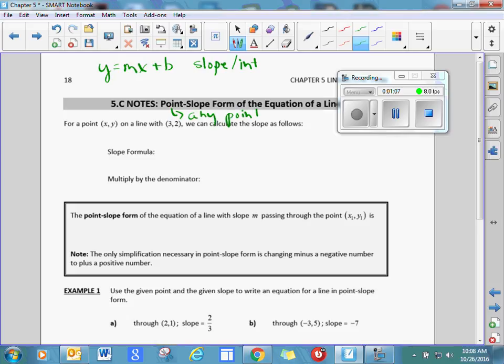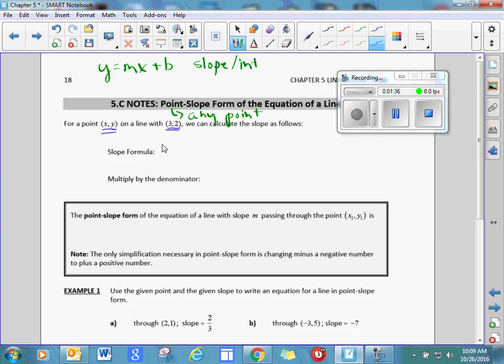There is another formula. I'm going to quickly run through how we derive it here, but we'll get down here and write the formula, and this is what you'll use mostly. So we're going to take any point on a line, x, y, and the other point for calculating the slope is 3, 2.